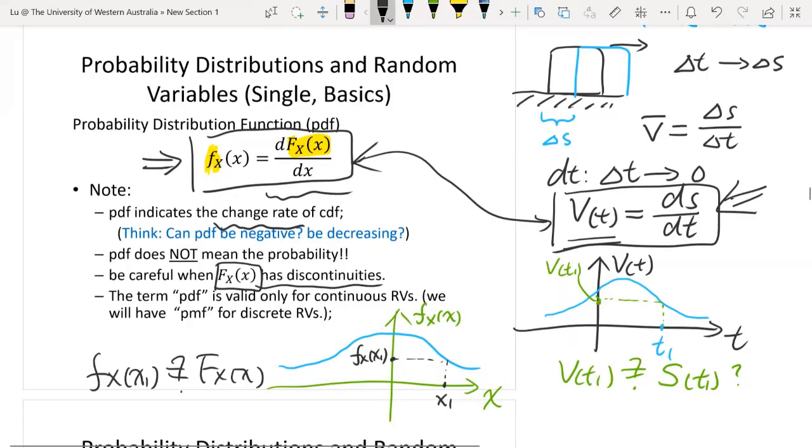Okay. Finally, the PDF term, the probability distribution function, is a valid term only for continuous random variables. If we got discrete type random variables, normally we call that the probability mass function. So we have another set of mathematical things for the PMF, the probability mass function. We talk about that later.